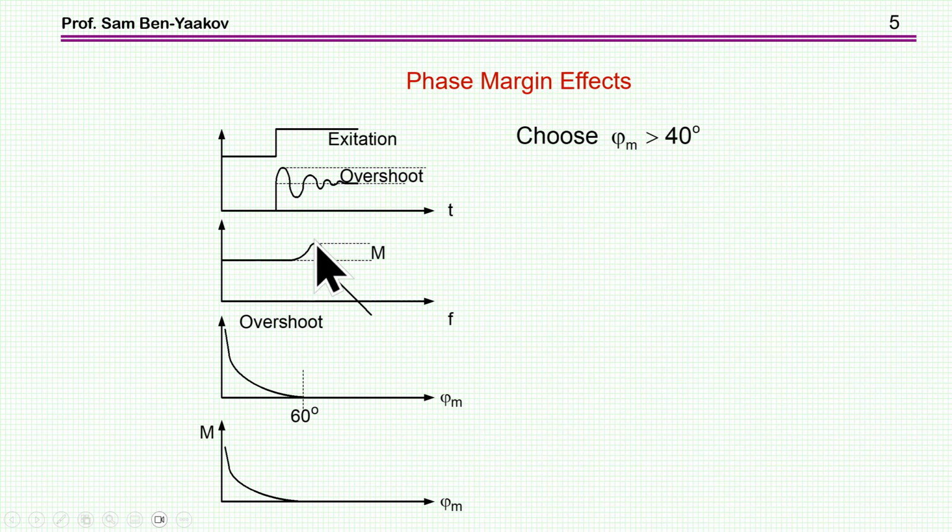Same thing is for this peak in the frequency domain, where the peak is becoming larger and larger because the Q of the system, the quality factor, is becoming larger as the phase margin is becoming smaller. So the phase margin is really a very powerful measure of the behavior of the system in closed loop, and actually tells how far the system is from oscillation.